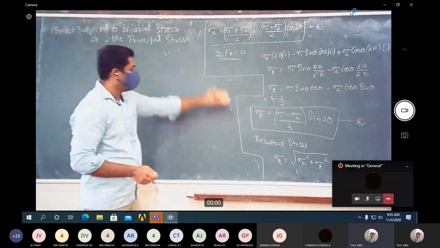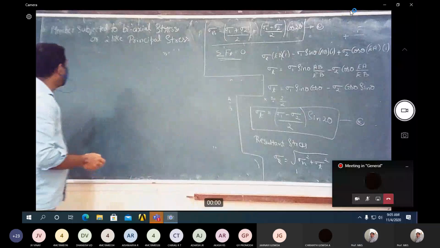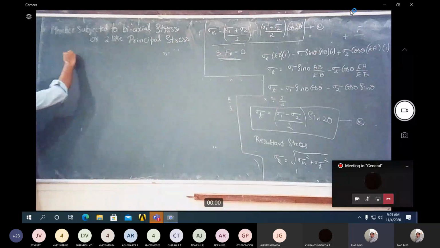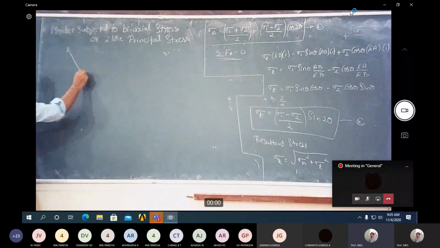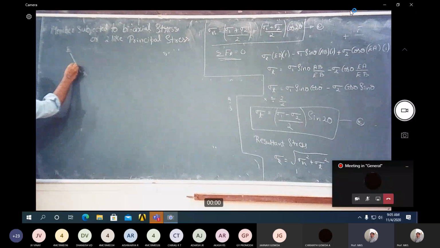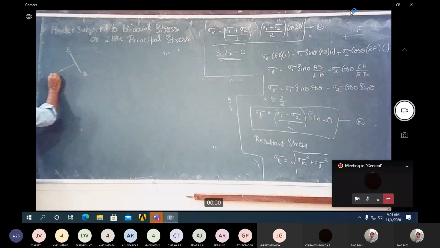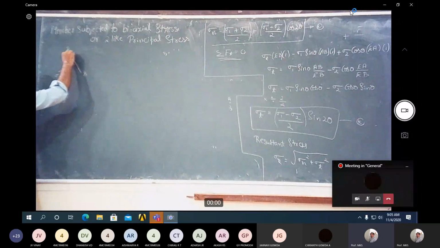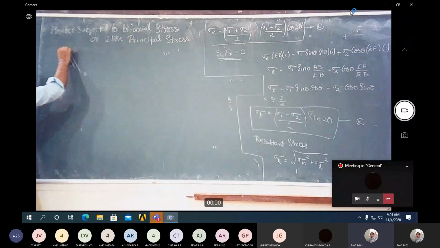So we have normal stress and tangential stress, and this is the plane EB. To this plane we have a normal stress sigma n and a tangential stress sigma t.